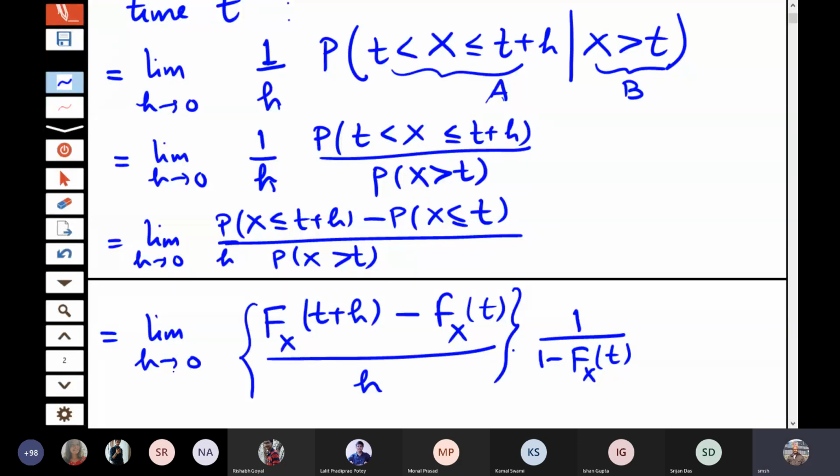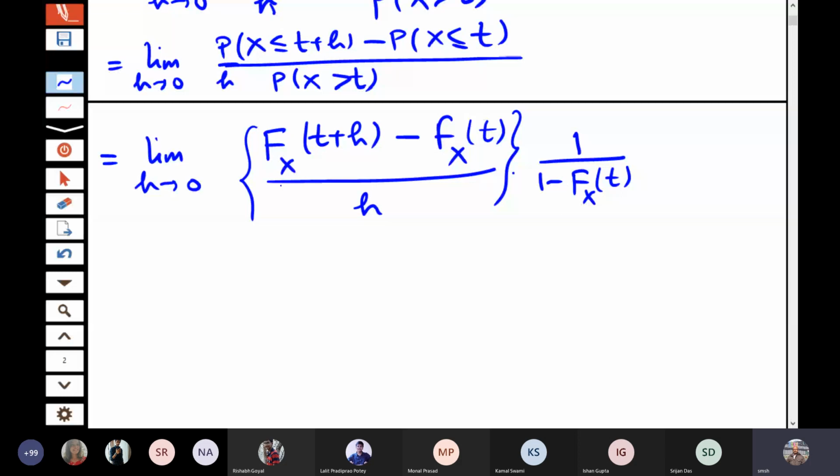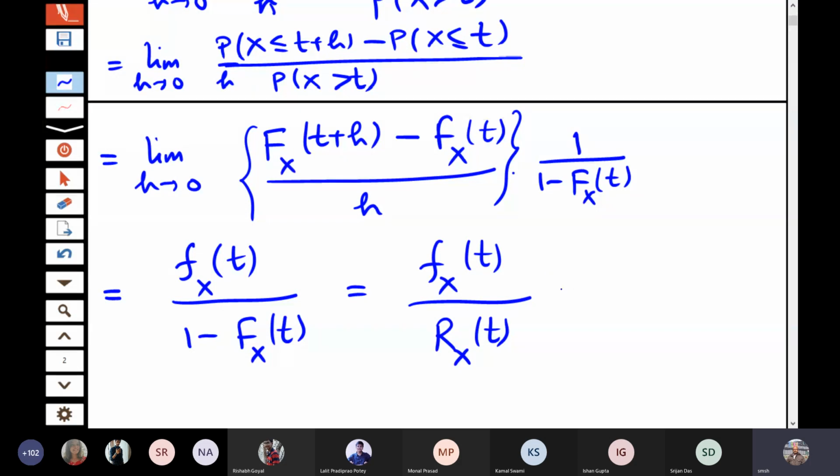Now this limit as h tends to 0 is nothing but the derivative of the CDF, which is the density. If we are assuming the life as continuous, then this is a continuous CDF of a continuous random variable, so it becomes the density function divided by the reliability function. It is called the failure rate.